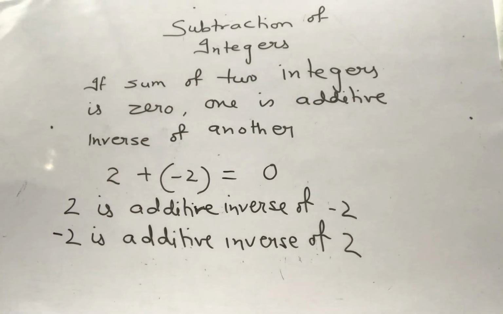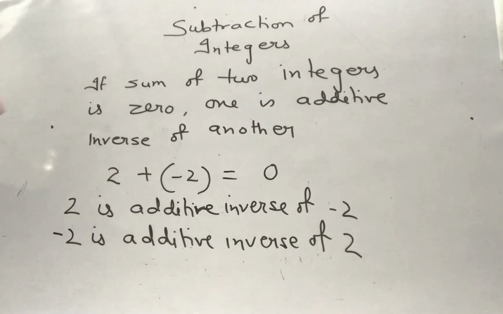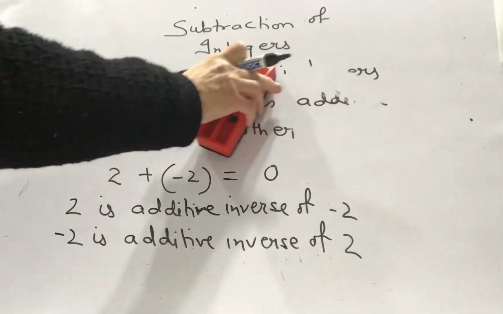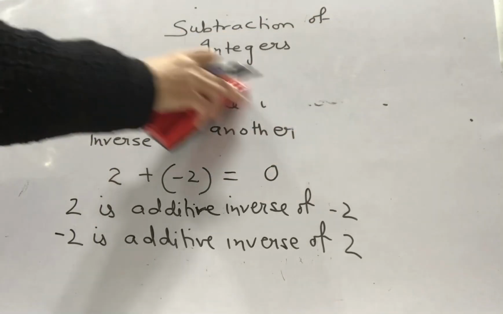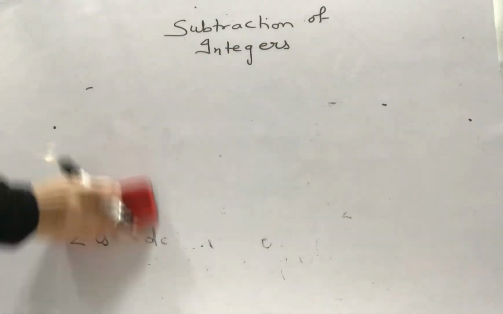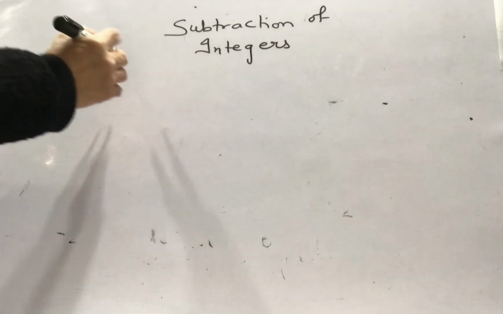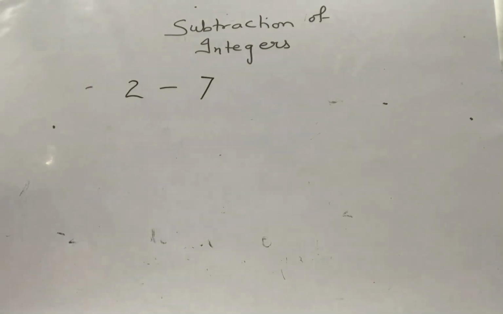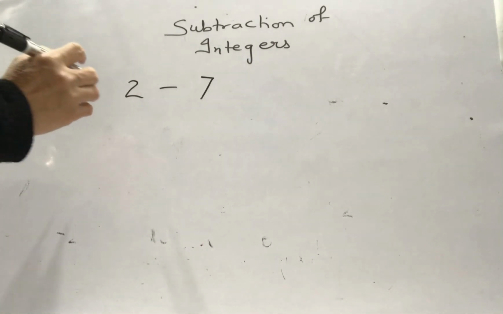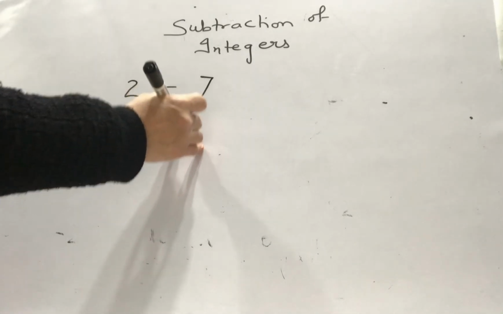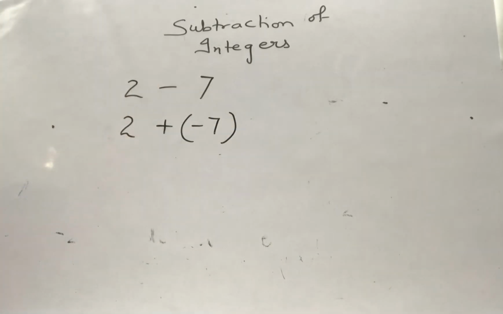So once you are familiar with the definition of additive inverse, now we can learn the subtraction. In subtraction, if a question is given like 2 minus 7, what you have done in your addition laws, you will write 2 plus, and this as minus 7.